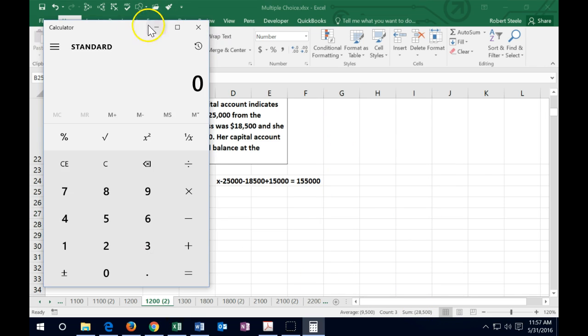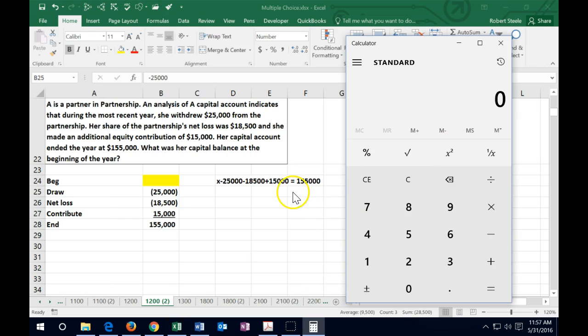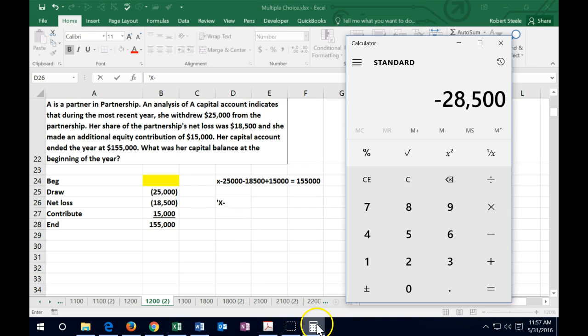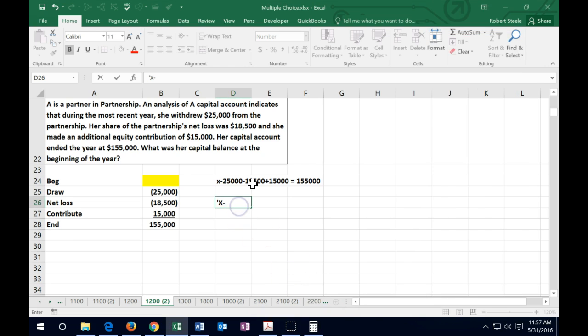Or if we took the calculator here, I'm going to take the positive number first. It's the 15,000 minus the 25,000 minus the 18,500 is 28,500 negative. So if we rewrote that, then of course we would have x minus 28,500 negative, and we're going to say equals the 155,000.